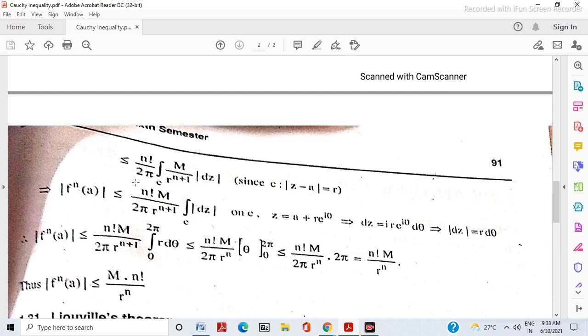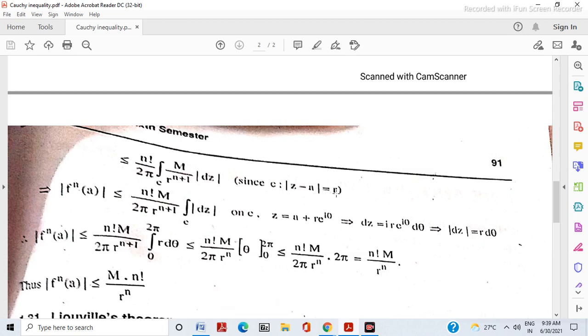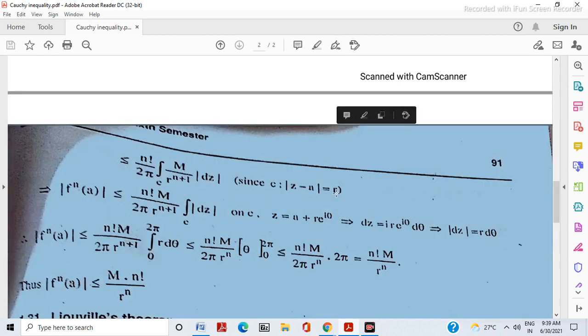Now all other things we got. This is n factorial by 2 pi. M is constant, we can take it out. R power n plus 1 also constant, we can take it out. Then integral over C modulus of dz. Now only one thing we should find out, what is modulus of dz. Modulus of z minus a equal to R means, by using polar form, z minus a equal to R e power i theta.